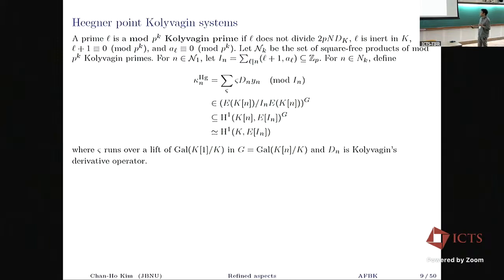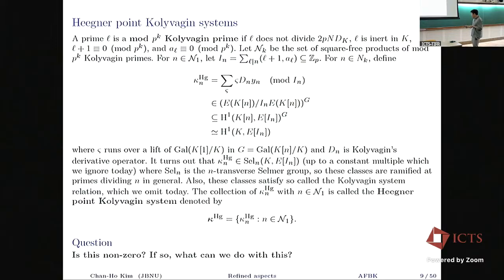It turns out that it is then invariant under G, where G is nothing but the Galois group of K[n] over K. So using the Kummer map from here to here and taking the inverse of the restriction map, we get a class in H^1(K, E[I_n]). So we have the Kummer class in the torsion Galois module.